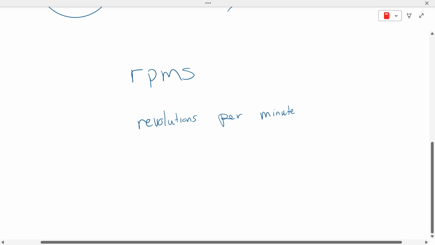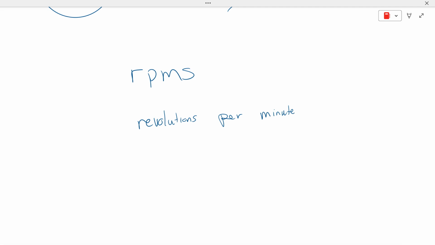So if you step on the gas and your tachometer goes to 2,000 RPMs, what's happening is the crankshaft inside your engine is going around 2,000 times in 1 minute. Okay? So, revolutions per minute. Now, how does revolutions per minute relate to radians per minute?